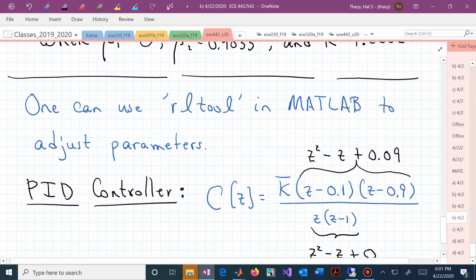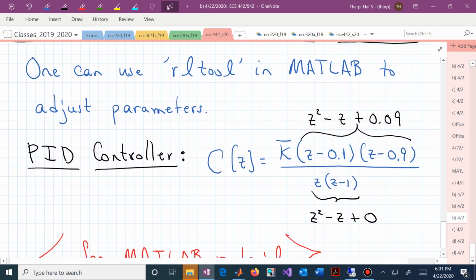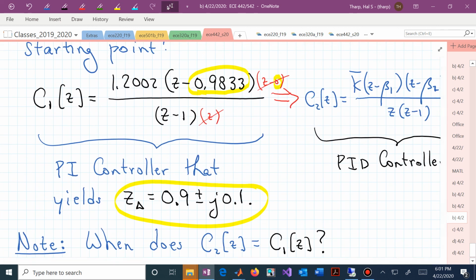What we want to do next then is illustrate how we can use MATLAB to effectively introduce this new 0 location and modify the location of our original 0.